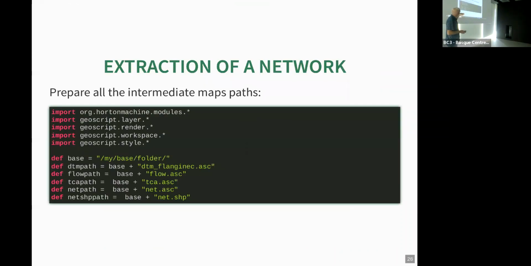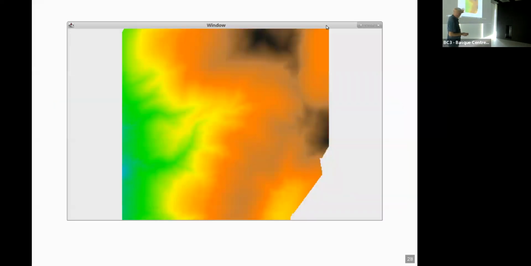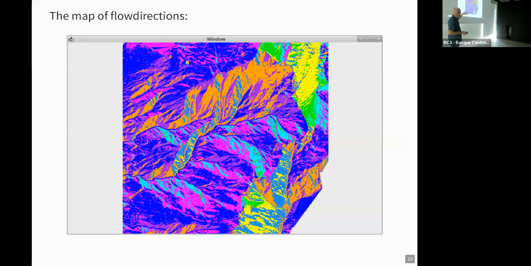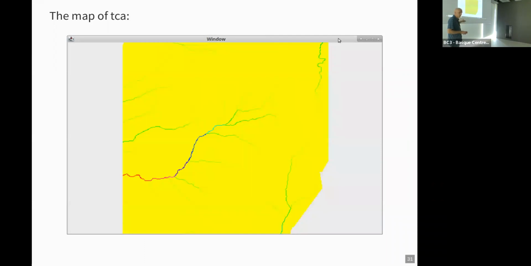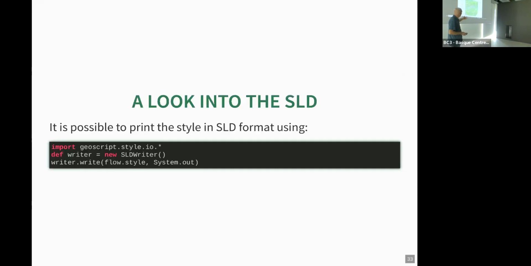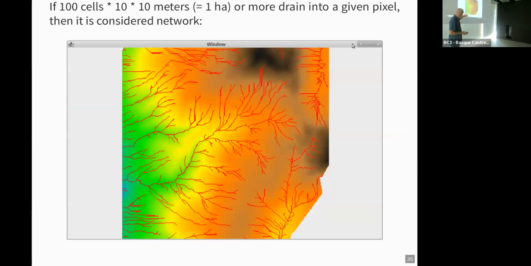And so here you would really have a step-by-step that you can follow, starting from the digital elevation model, how to extract flow directions and the total contributing area, how to then do some styling on them, and how to extract the network based on different parameters.